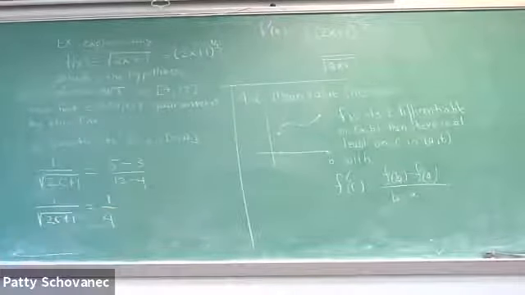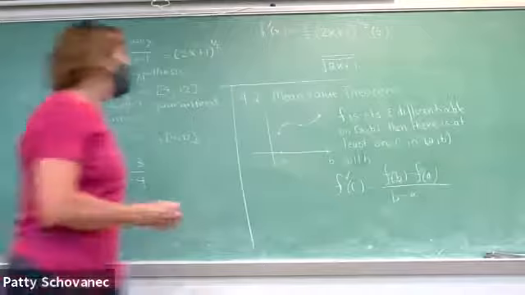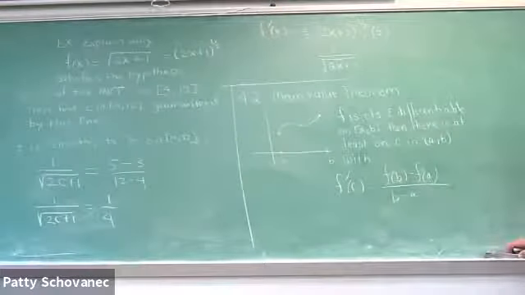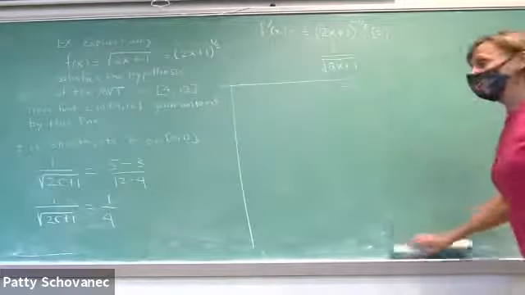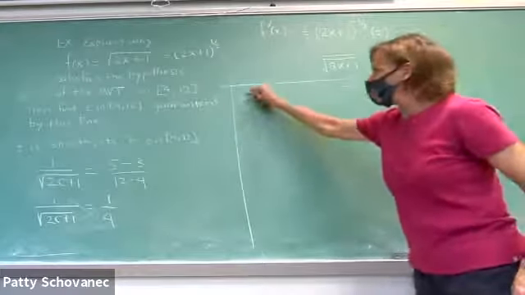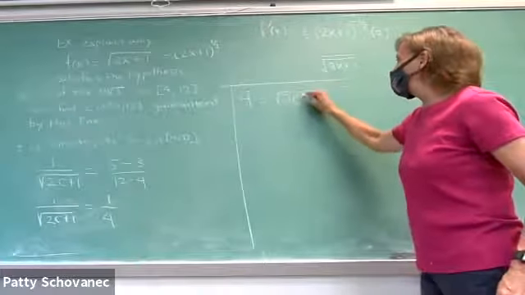So we're going to try to dig that c out of there. What I think I'm going to do is get rid of the fractions first by cross multiplying. And so my equation will look like 4 is equal to the square root of 2c plus 1.